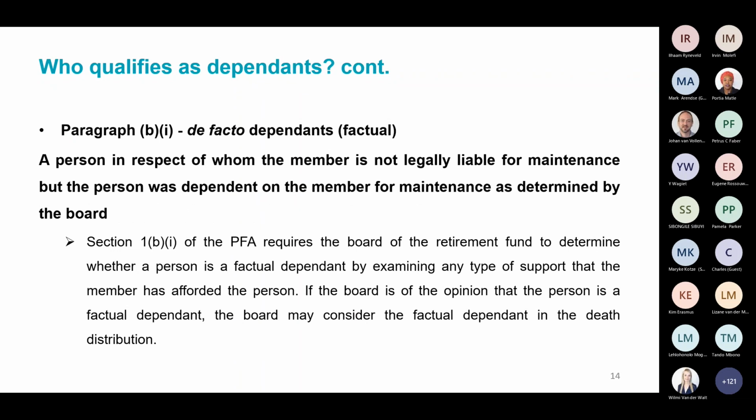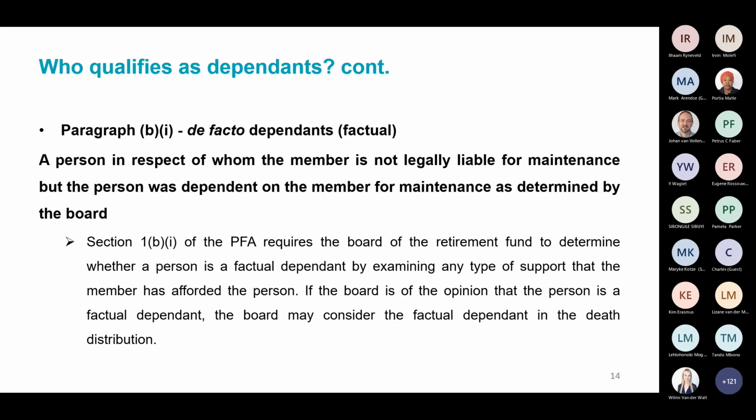Turning now to your paragraph B1, de facto dependence. De facto means factual dependence. A person in respect of whom the member is not legally liable for maintenance, but the person was in fact dependent on the member for maintenance as determined by the board.